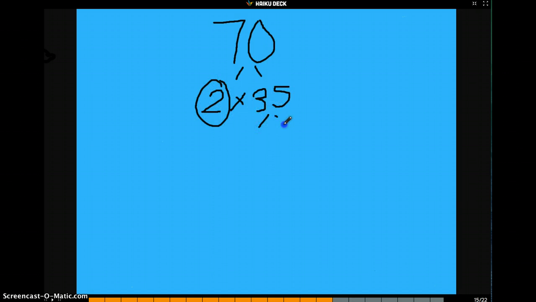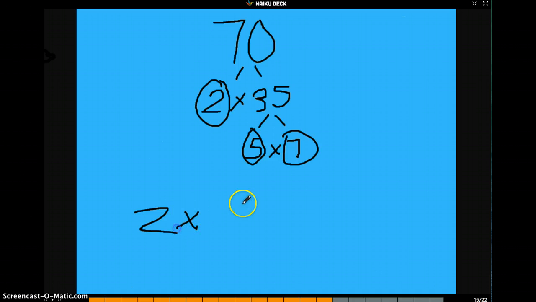We can break 35 down into 5 times 7. If you look, they're all prime numbers. So the prime factorization would be 2 times 5 times 7, all written in numerical order. So we can check it. 2 times 5 is 10, times 7 is 70.